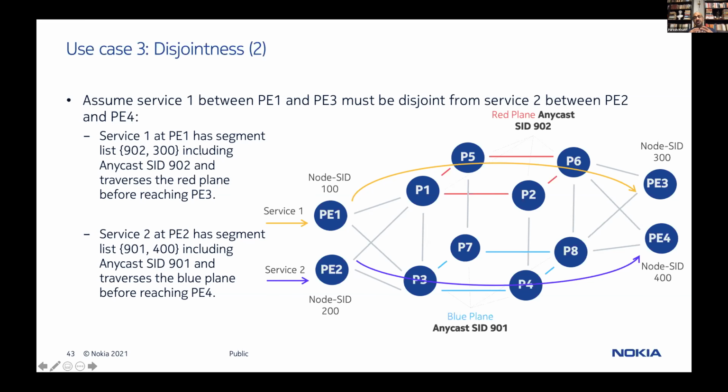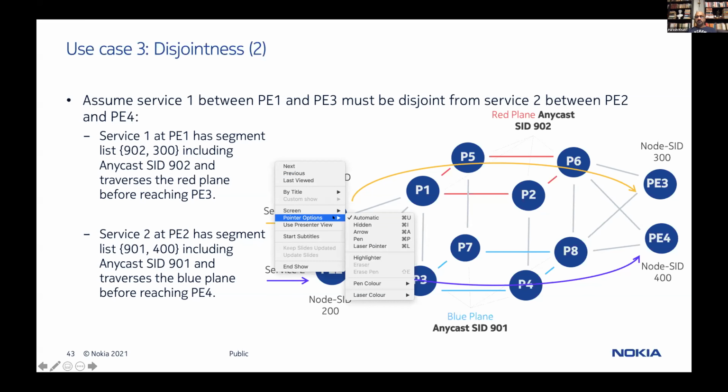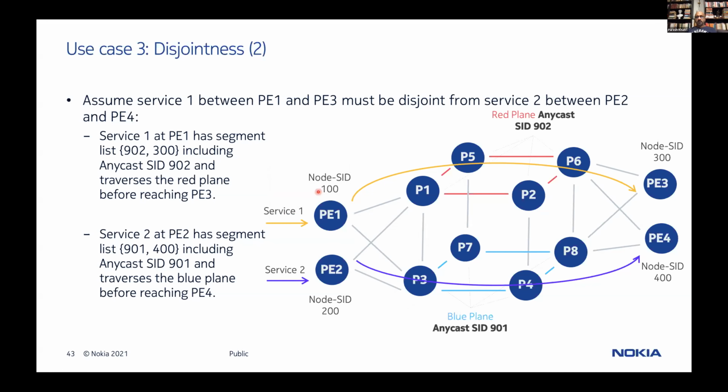So now it becomes actually very simple to ensure that traffic from PE1 is being sent over the red plane. We build this label stack, which is 902 and 300. So 902 for the anycast SID and 300 for the destination. And that 902 ensures that this traffic will go through the red plane.